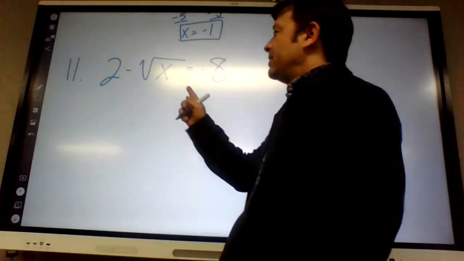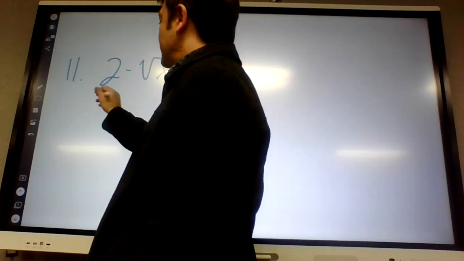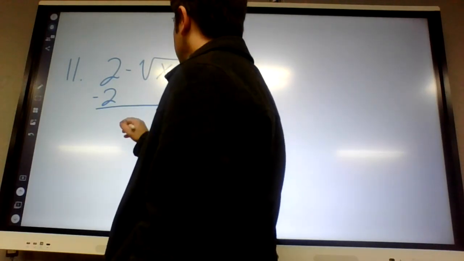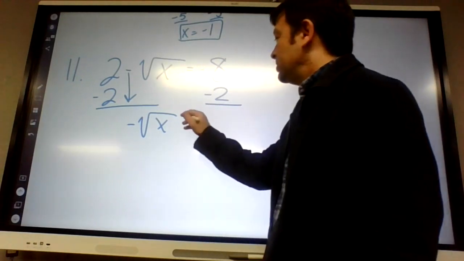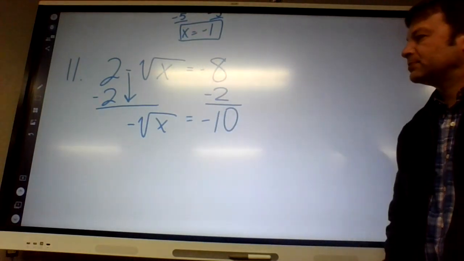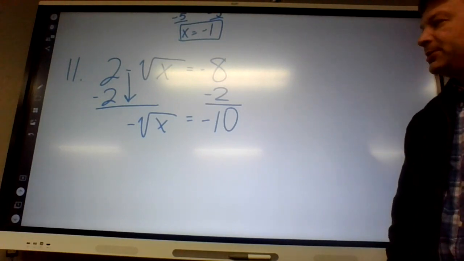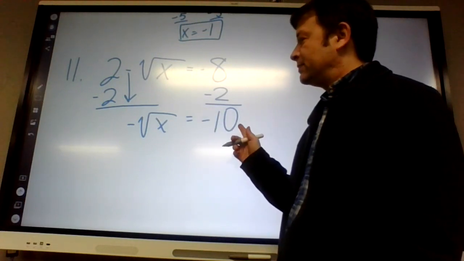Minus the 2. That minus is not on the 2, it's on the square root of x, right? So this is a positive 2. So -2, negative square root of x, I still do have to bring that negative down, equals -10. And then could you divide by the negative? You can divide both sides by the negative. It would actually still work if you just squared both sides, because what happens when you square a negative? It becomes positive.